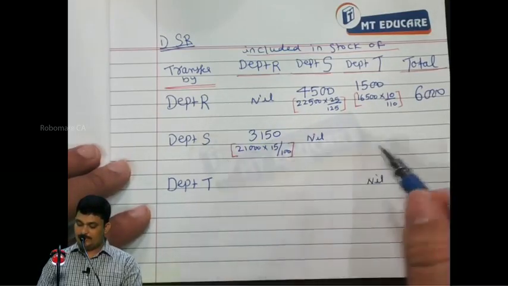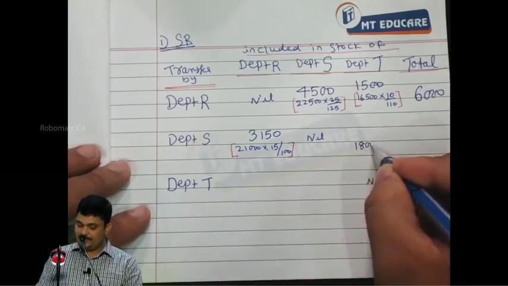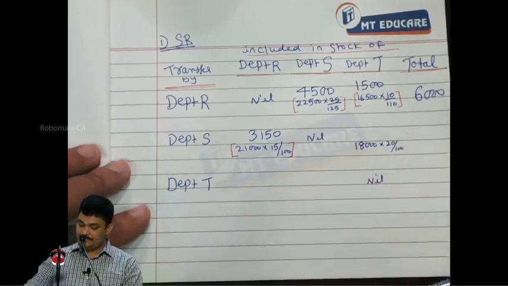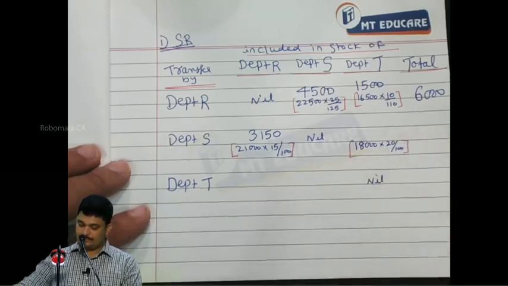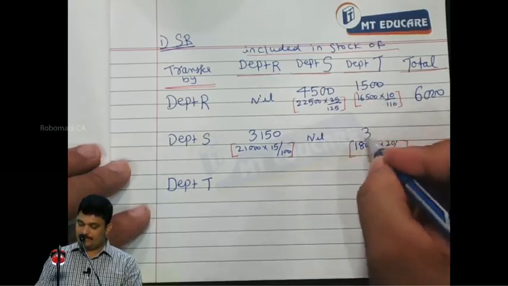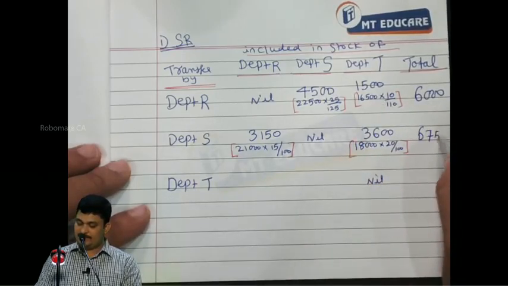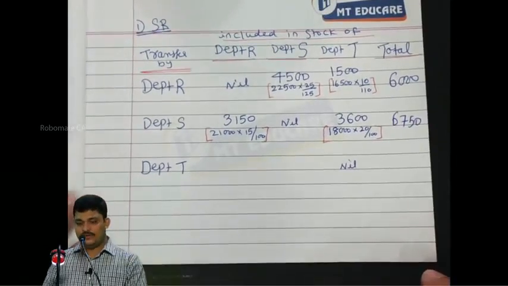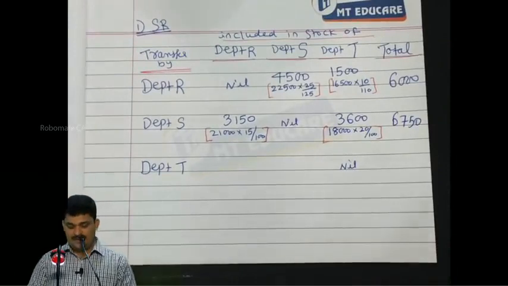Then S to T, 18,000. 20 by 100. 3,000. So the total stock reserve relating to S is 6,150. Everybody?